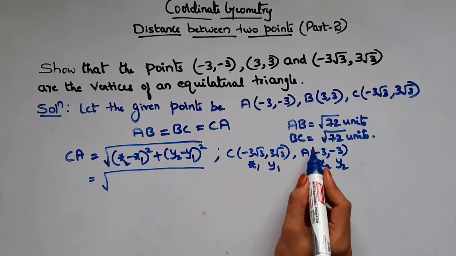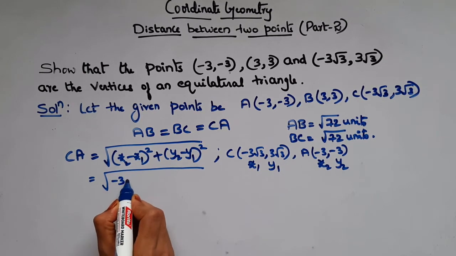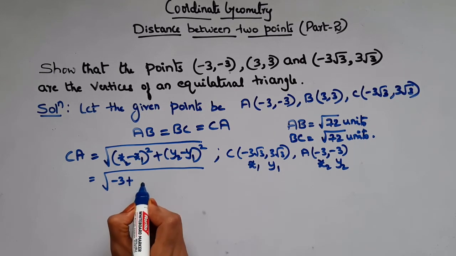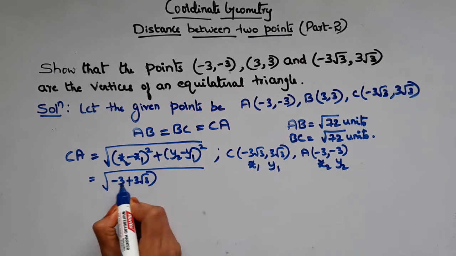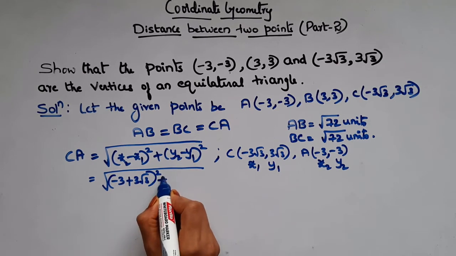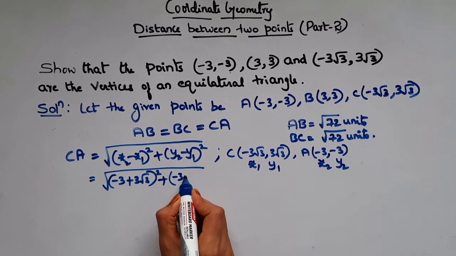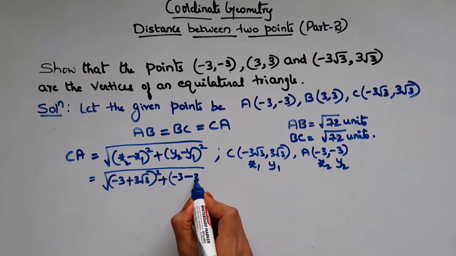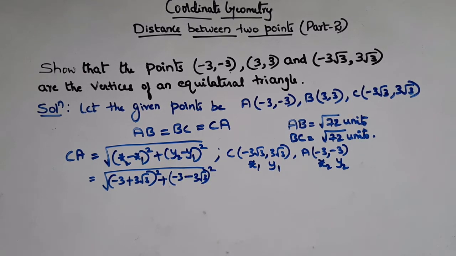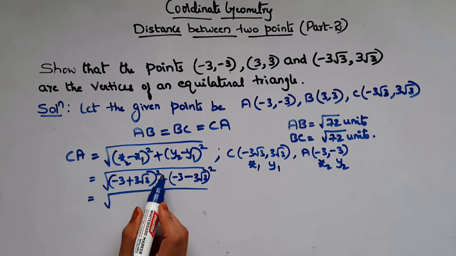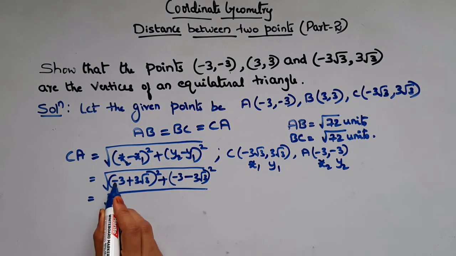So x2 minus x1, so x2 is minus 3 minus x1 here is minus 3 root 3. So minus of minus is plus 3 root 3, the whole square, right? Plus, so now we have y2. y2 here is minus 3 minus y1 is 3 root 3, right? The whole square, which is equal to square root of, so this is of the form (a plus b) the whole square, right? So a square is minus 3 the square, so 3 3s are 9, right?